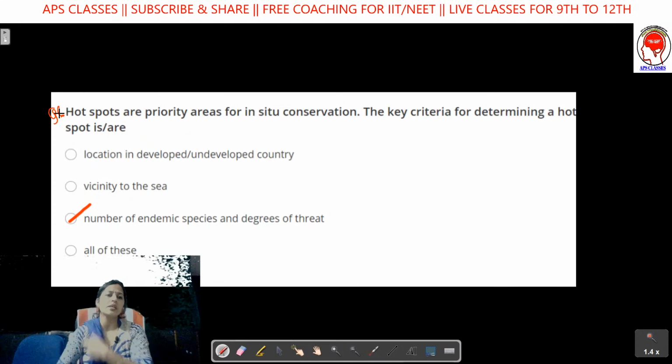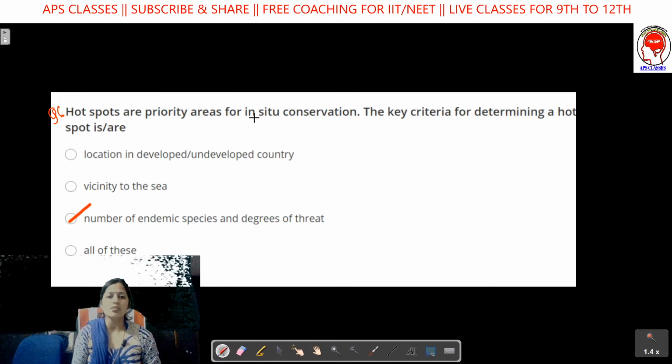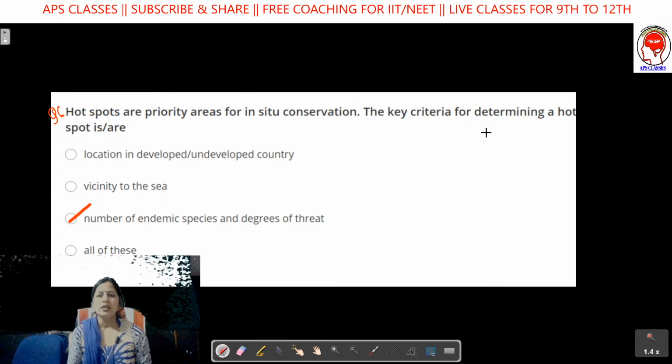Your question number 6 is, hotspots are priority areas for in situ conservation. The key criteria for determining a hotspot are. I repeat my question again. Hotspots are priority areas for in situ conservation. The key criteria for determining a hotspot are.